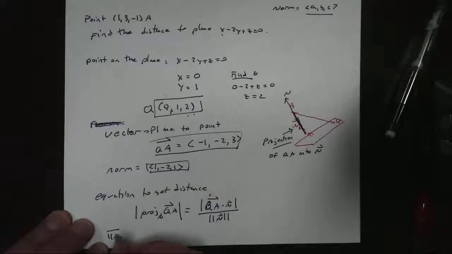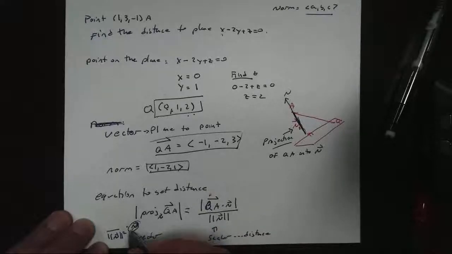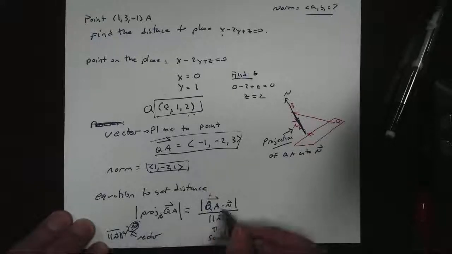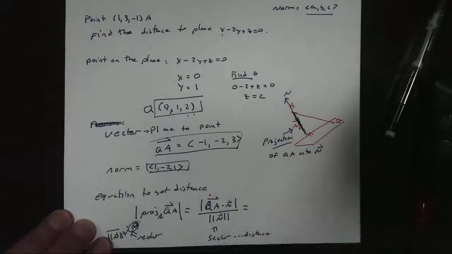It would have been times, and then we would multiply it by n. But because I'm looking for the distance, I'm not looking for a vector. That gave me a vector right there. This is just going to give us a scalar, in this case the distance. So by getting rid of one of the n's right there, we get the distance from the plane to the point.